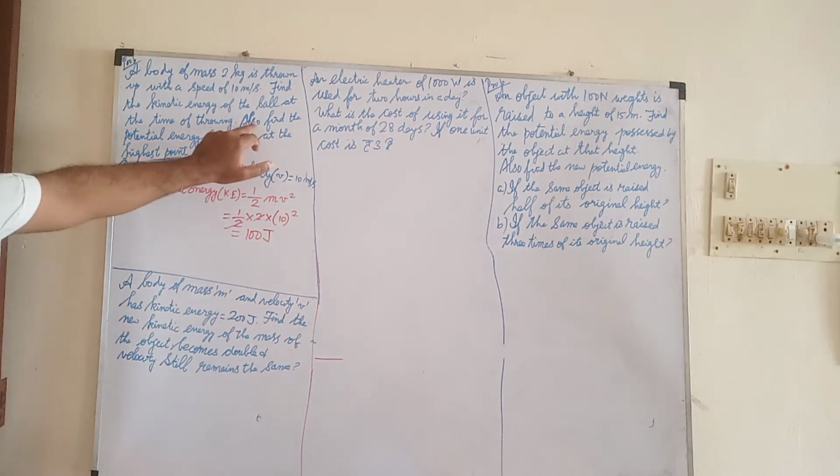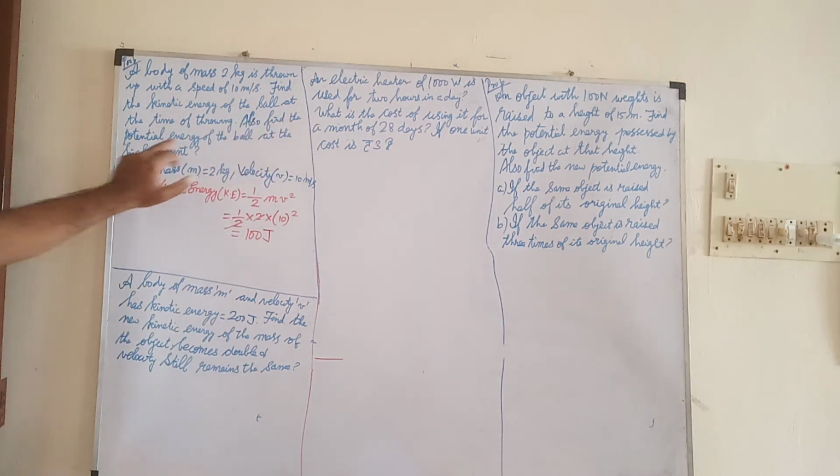They are asking that also find the potential energy of the ball at the highest point. So, the kinetic energy and the potential energy, how do we need to find it?